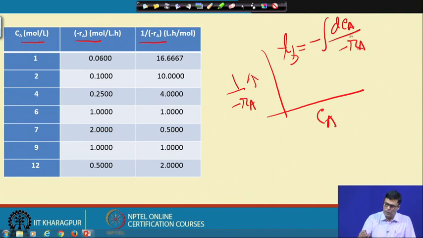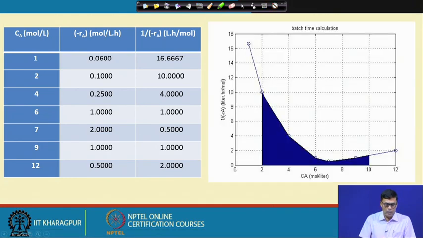So this is 1 by minus RA and this is CA. Unless you have 1 by minus RA, you cannot draw this graph. Now, if we plot 1 by minus RA against CA, we have this kind of plot.